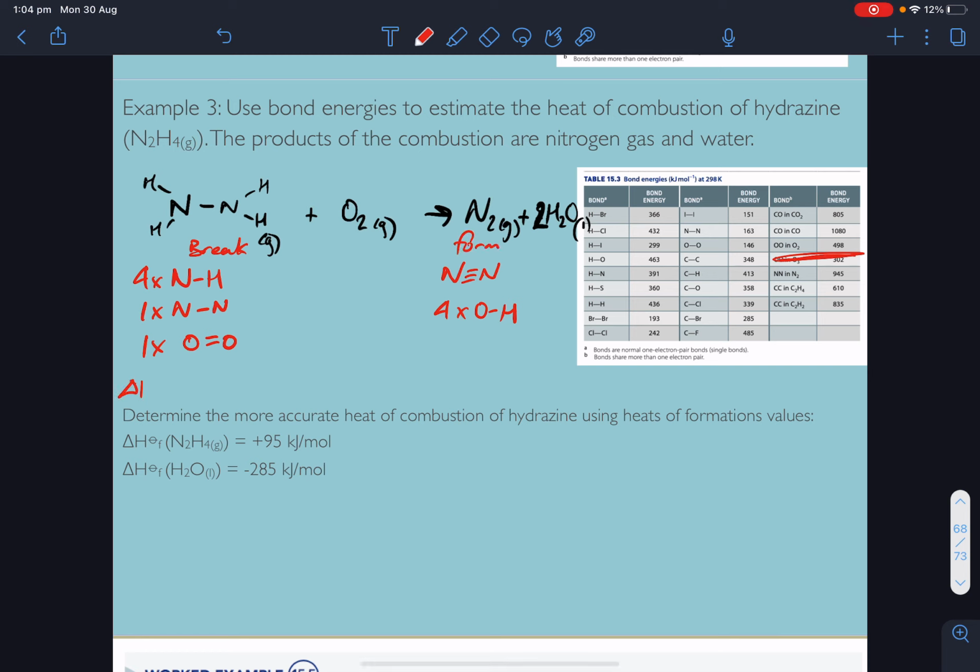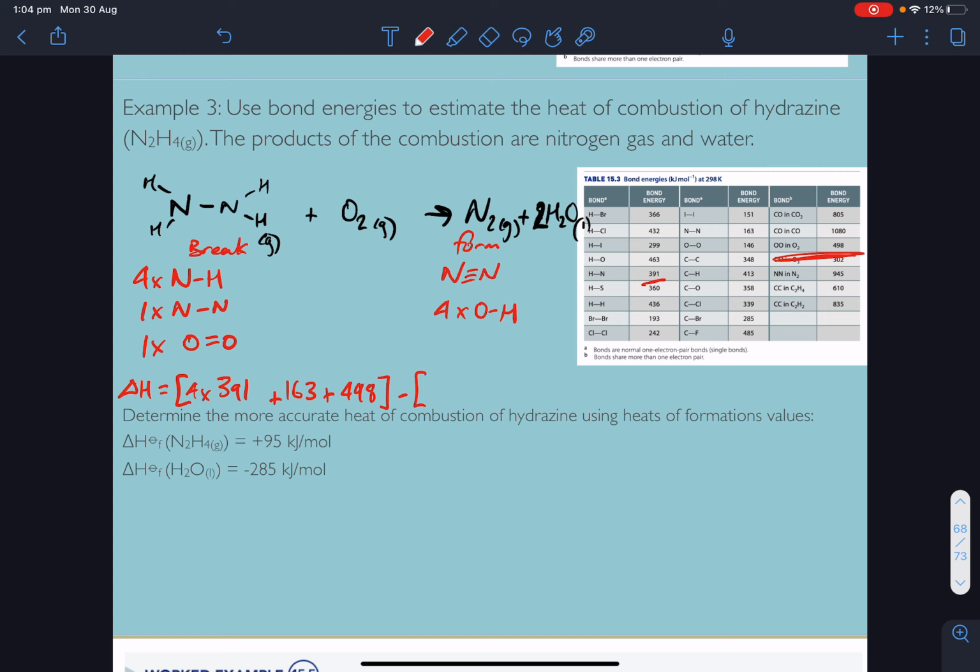So our estimate for our enthalpy is going to equal 4 times the nitrogen-hydrogen, there it is, 391, plus a nitrogen single bond nitrogen, 163, plus my O2 bond is 498, minus my products.